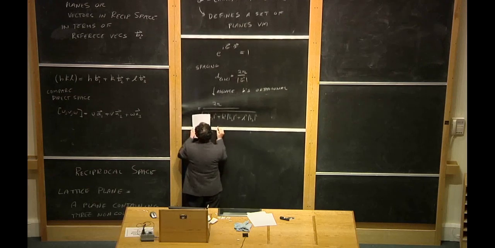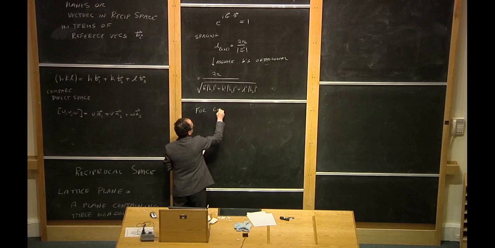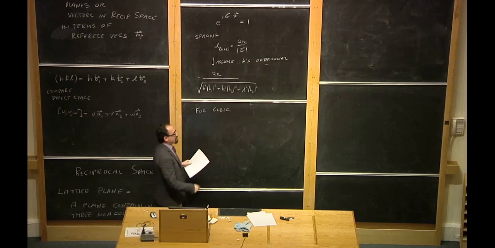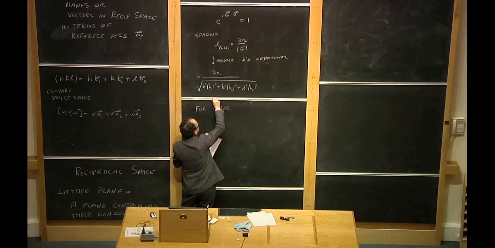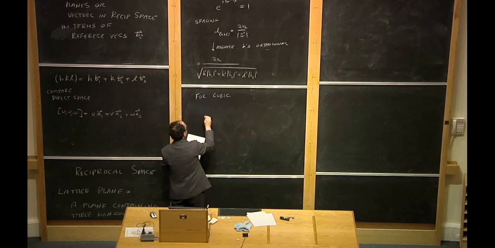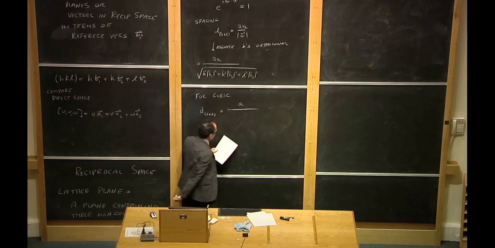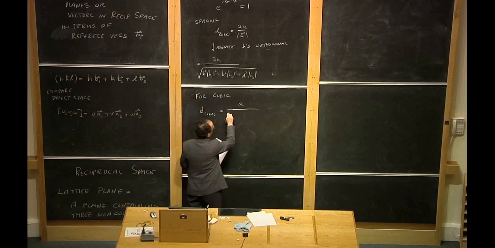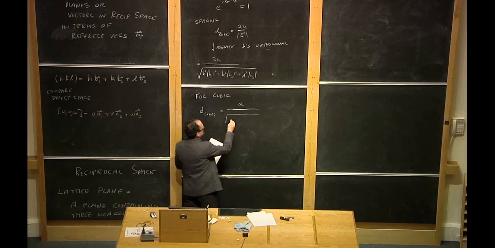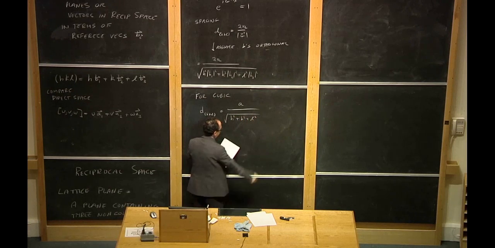And for a cubic lattice, where a1, a2, and a3 are the same length and orthogonal to each other, therefore b1, b2, b3 are the same length and are orthogonal to each other, the spacing d_hkl is a, the length of the conventional unit cell in direct space, over the square root of h squared plus k squared plus l squared.